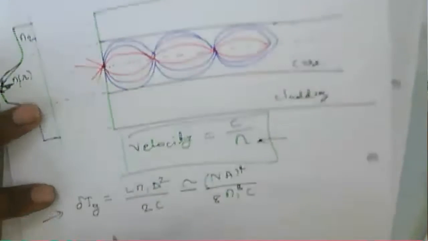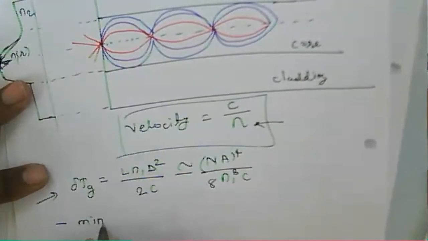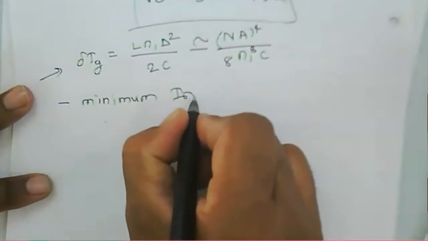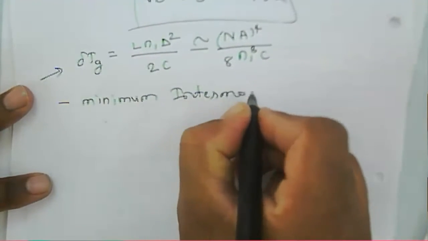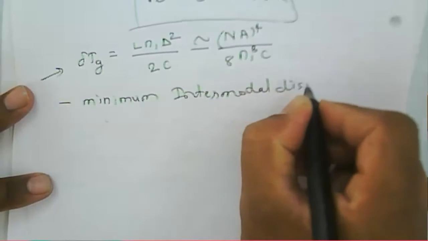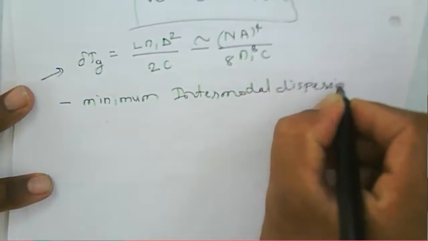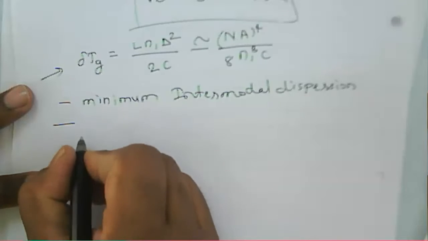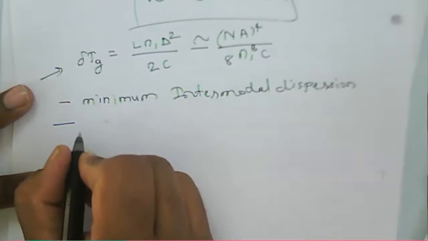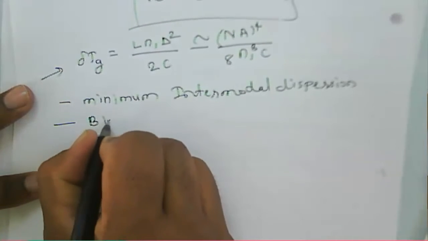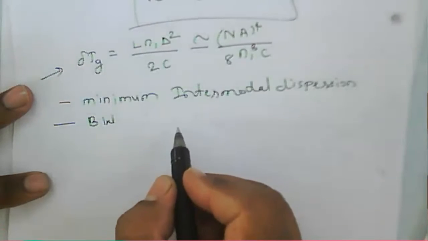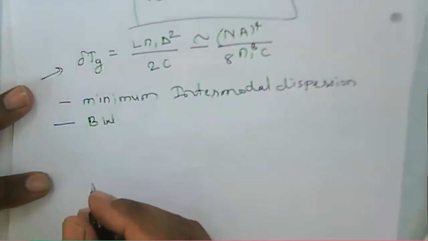and because of that it has a minimum intermodal dispersion, and because of that minimum intermodal dispersion they have a substantial improvement in the bandwidth as compared to the multimode step index fiber.